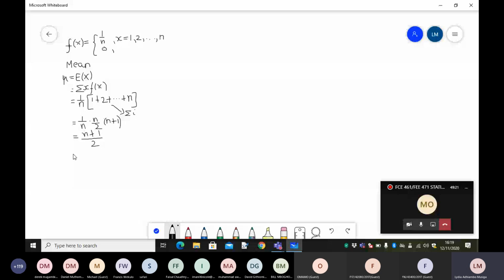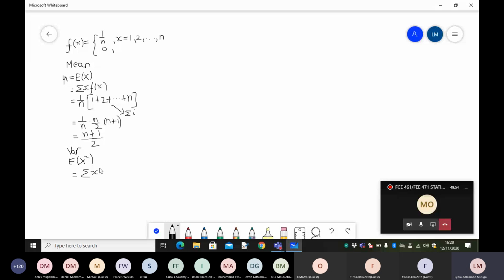And if we want to get the variance of x, we already know the expectation of x. We need to get the expectation of x squared so that we can calculate the variance. The expectation of x squared will be the summation of x squared f of x.